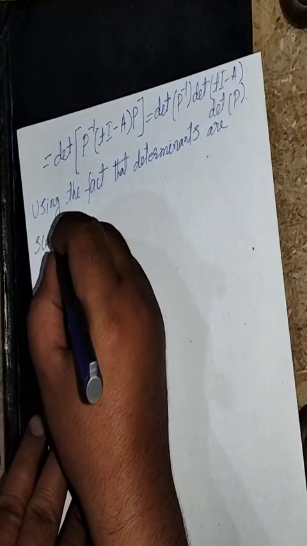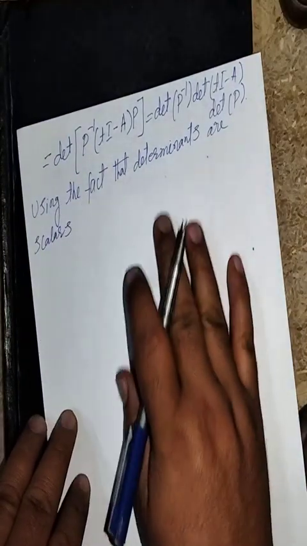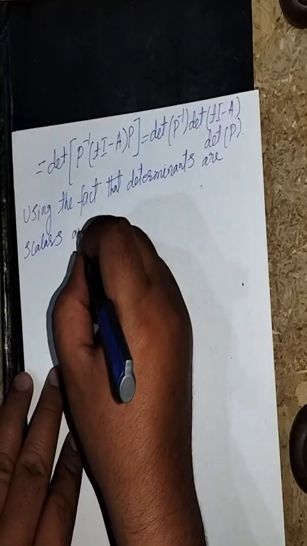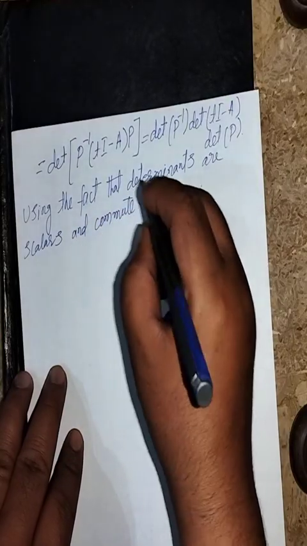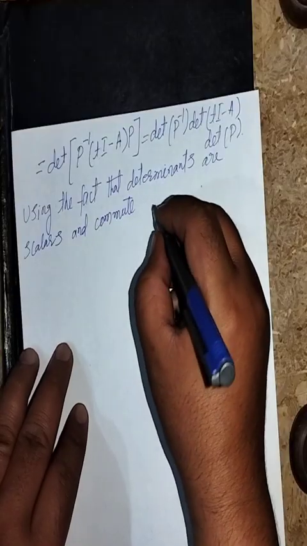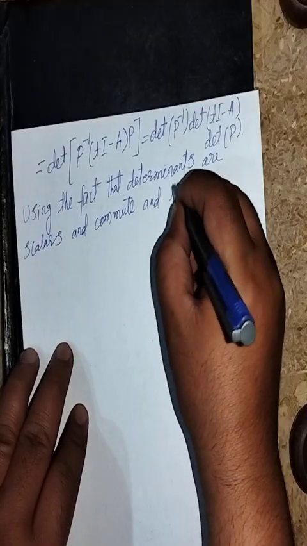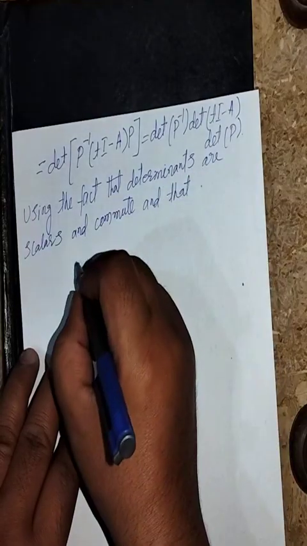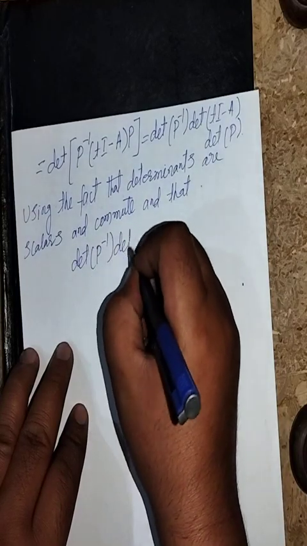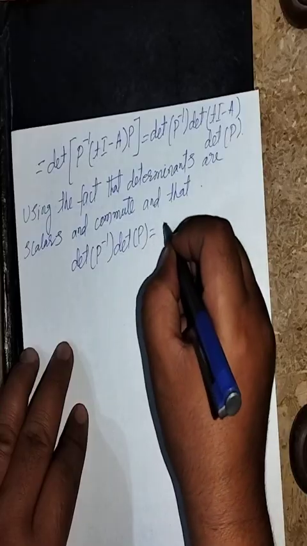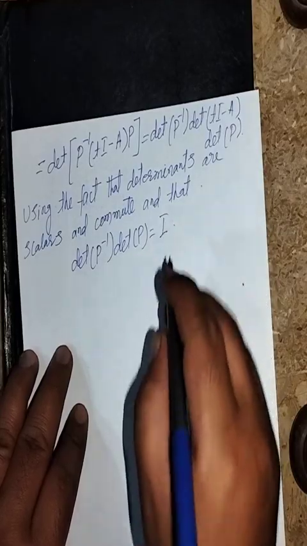You already know that determinants are scalar quantities, and commute, and that of P inverse into that of P will produce the identity.